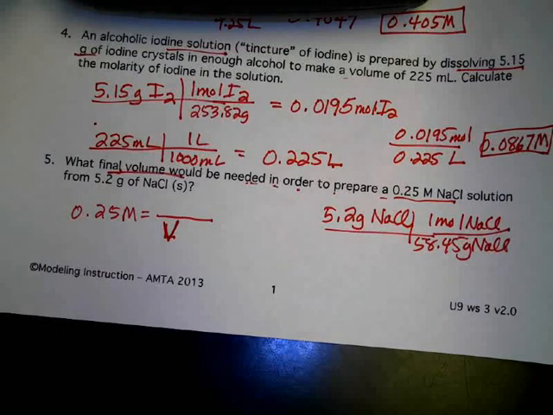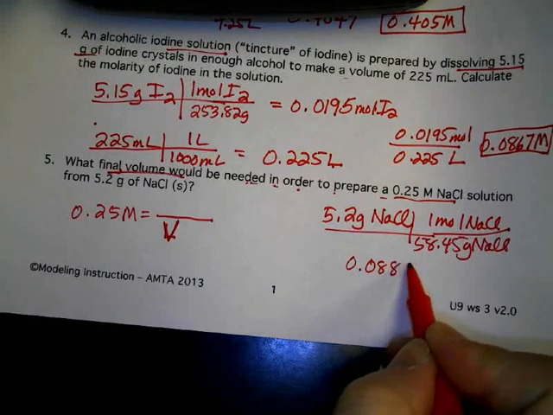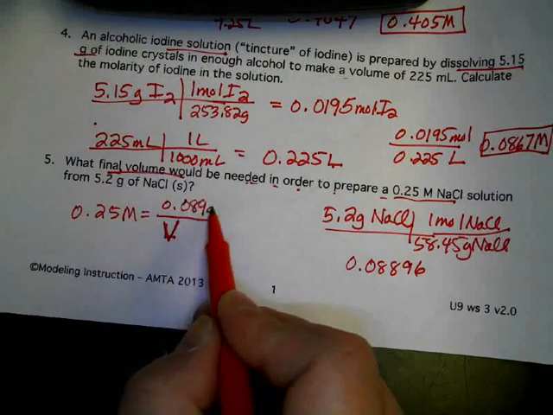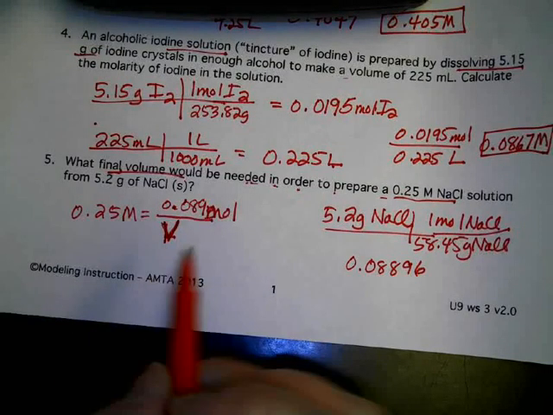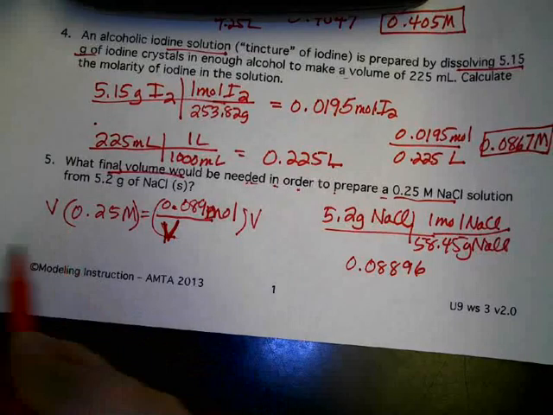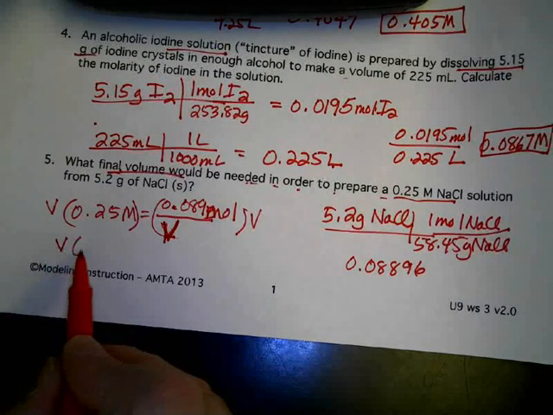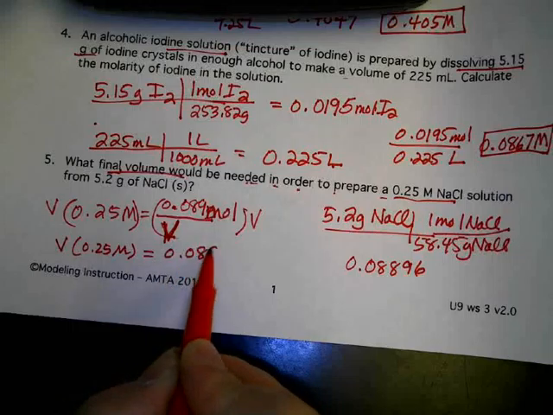2.5 divided by 58.45 is 0.08896. I'm only going to have 2 sig figs, so that's 0.089 moles. I just changed it to moles. And this time I'm going to solve for V. So I'm going to multiply both sides by V, and then I get V times 0.25 molar is equal to 0.089 moles.